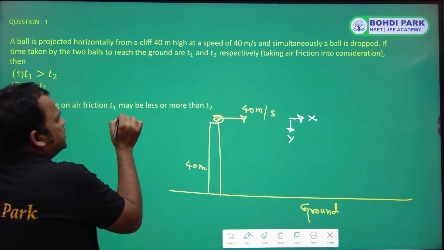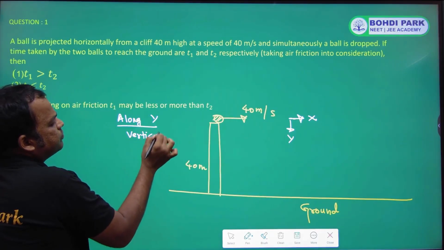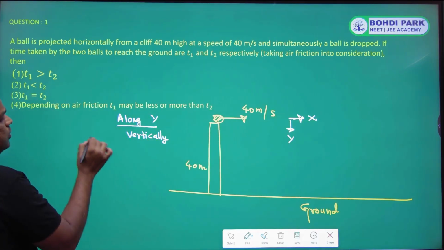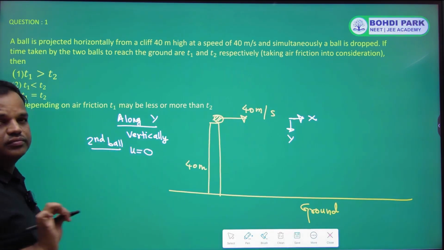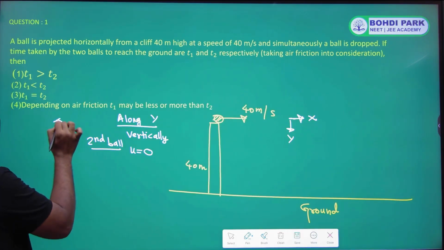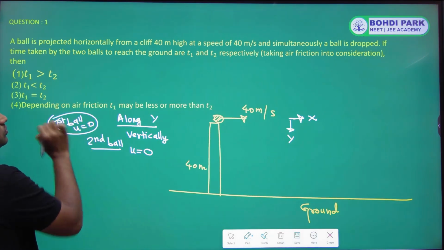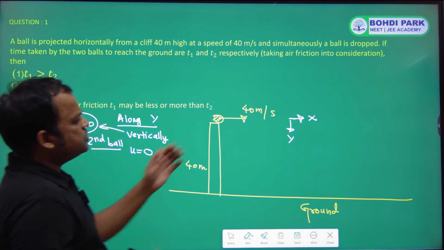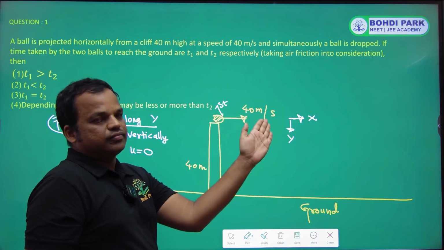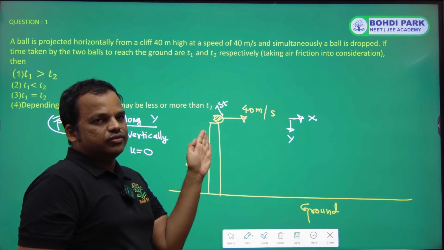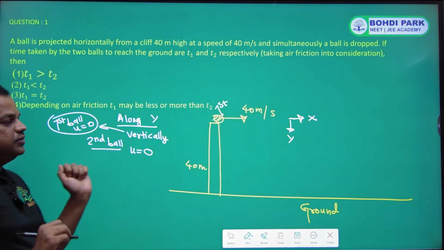Along the y direction, or vertically, for the second ball u is 0, and for the first ball also u is 0 vertically, because the initial velocity of the first ball is horizontal, so the vertical component is 0. So the initial velocity is 0 vertically for both balls.